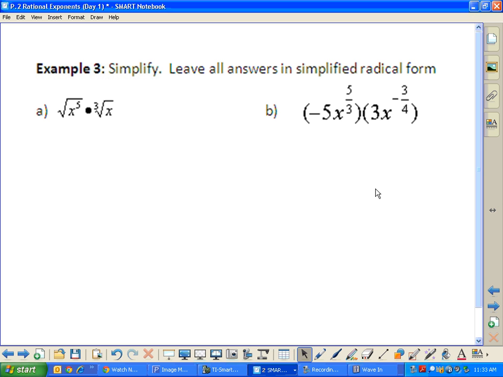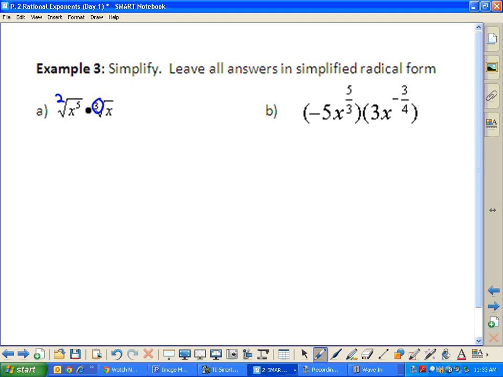Yeah, very good. People who are good at math pay attention to the details. Eddie's noticing that this is a square root and this guy here is a cube root. And we don't have a product property that allows us to multiply radicands together when they're underneath unlike radicals. The radicals have to be the same for you to use that property.